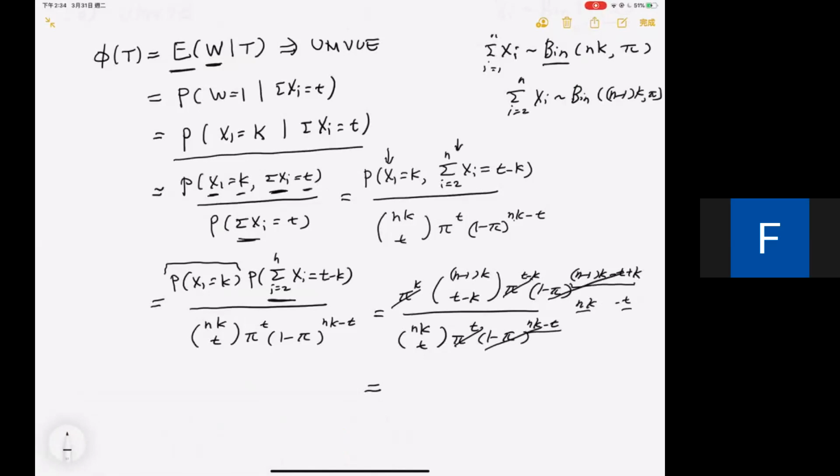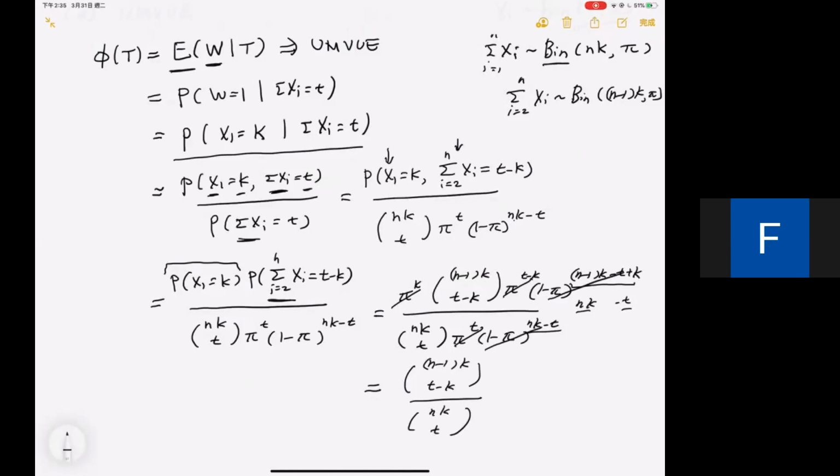So eventually is what? Your answer is pretty ugly, I think. nk choosing t. Okay? You might have some way to simplify, but it's not worth it, I think. Okay, good.